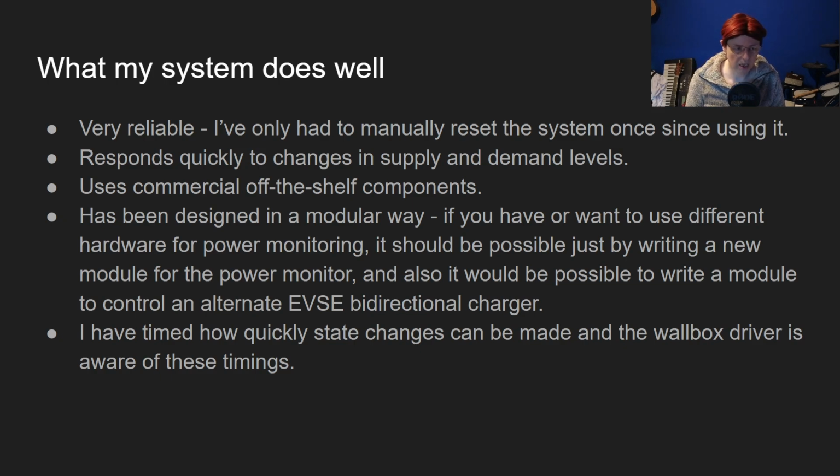So Modbus can stop working. That seems to be a problem with the Wallbox itself, but then it's still possible to reset it using the cloud system. Obviously, as I said, the internet has to be connected for that to work. It responds pretty quickly to changes in supply and demand levels. I'll demonstrate that later. Obviously uses commercial off-the-shelf components, as I've said.